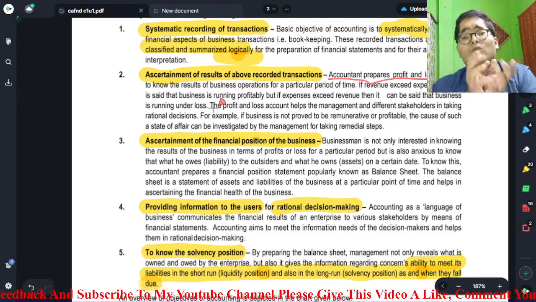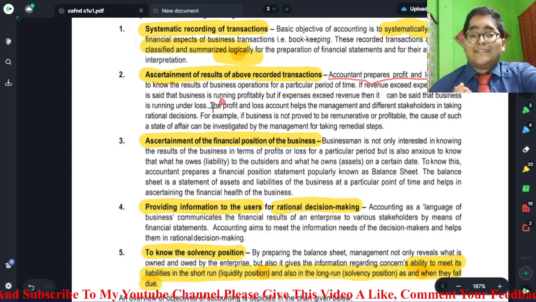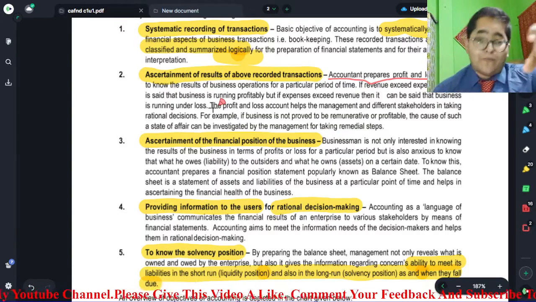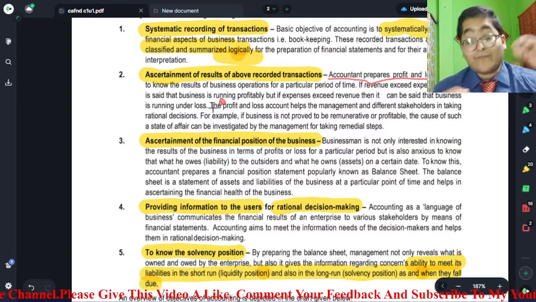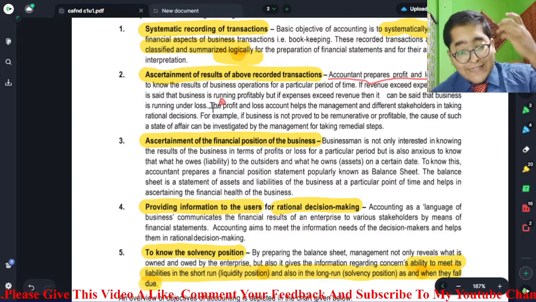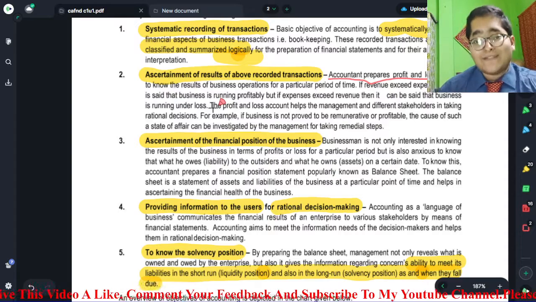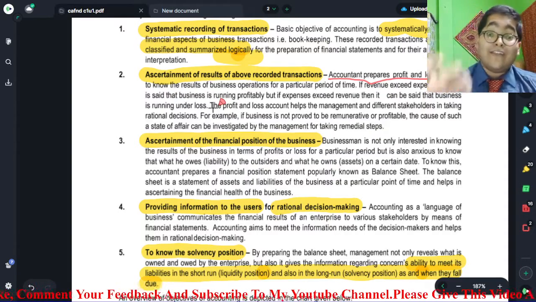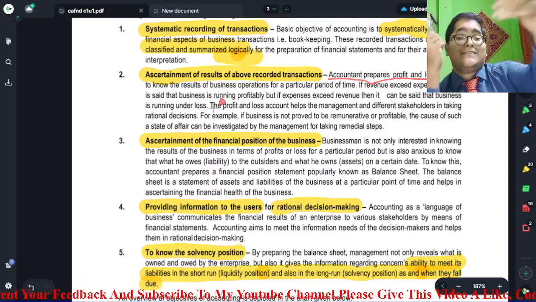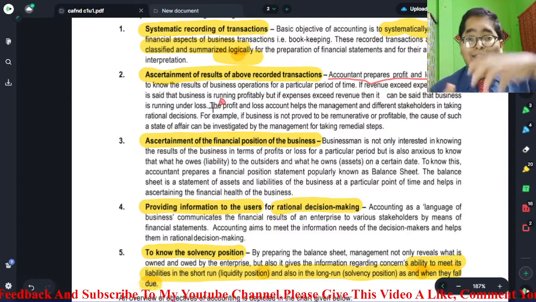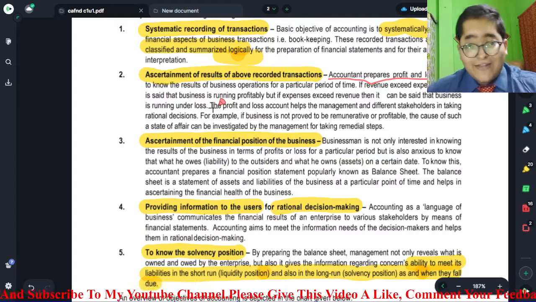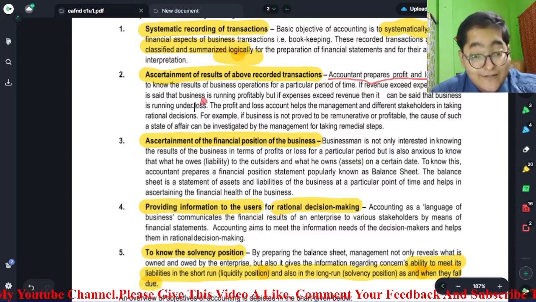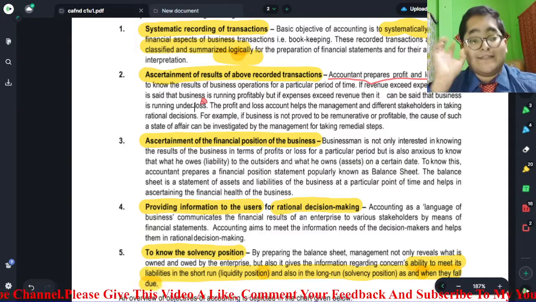Revenue is the amount you receive by selling something. If you are selling one item, you are receiving 10 rupees. 10 rupees is the revenue. And if that revenue is more than the costs, for example, your expense is 2 rupees but the revenue from selling that good is 10 rupees, naturally you are earning profits, right? Yes. So that profit is the result. That profit which you have earned is the result.